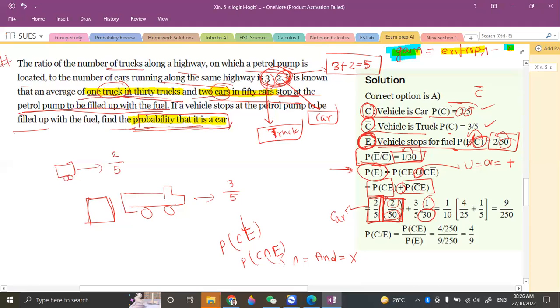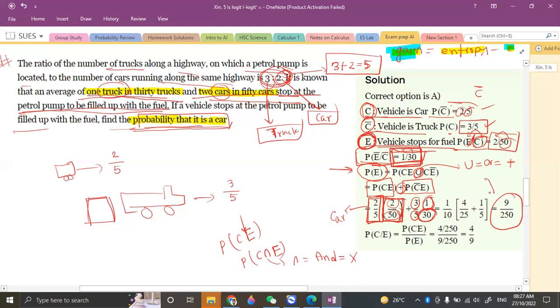Now let's come here. We have 3 out of 5 that are trucks, and for trucks the probability of taking fuel is 1 out of 30. So we just multiply these two results. If we do the calculation, we get 9 out of 250.